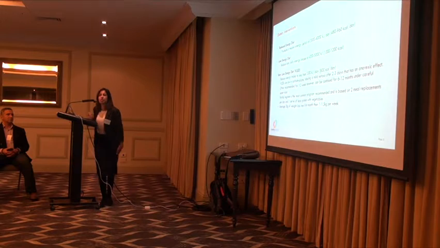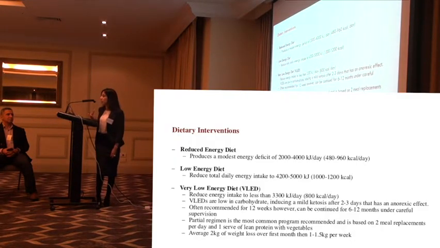So I'm just going to mention this very briefly, but the low energy diets are essentially to decrease your daily energy intake. The one that I guess we have the most involvement with is the very low energy diet, where you restrict to 800 kilocalories per day.